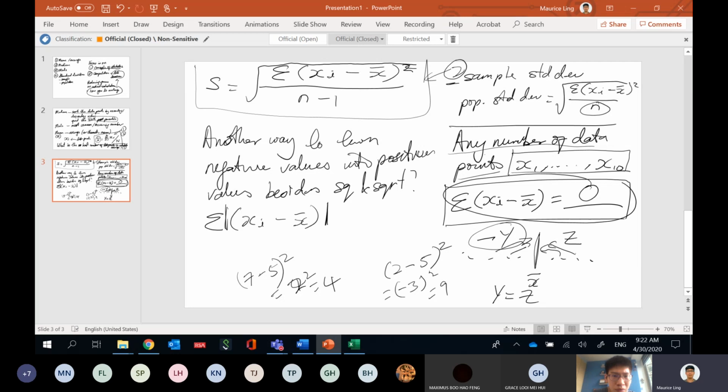Make sense? So how does the absolute work? If it is a negative number, it gives the positive number. If it is a positive number, it remains a positive number. That's called absolute. It just removes the negative sign and gives me the magnitude.